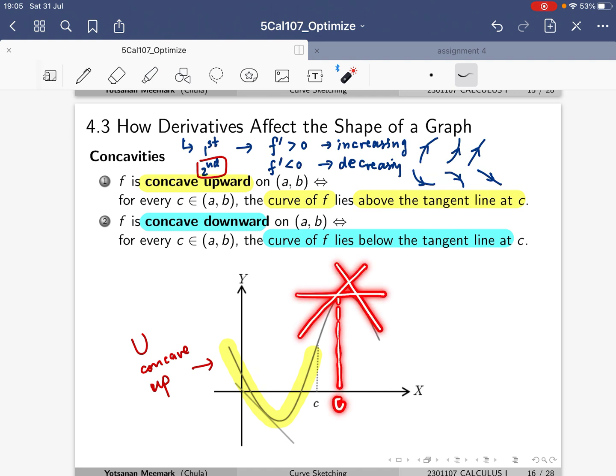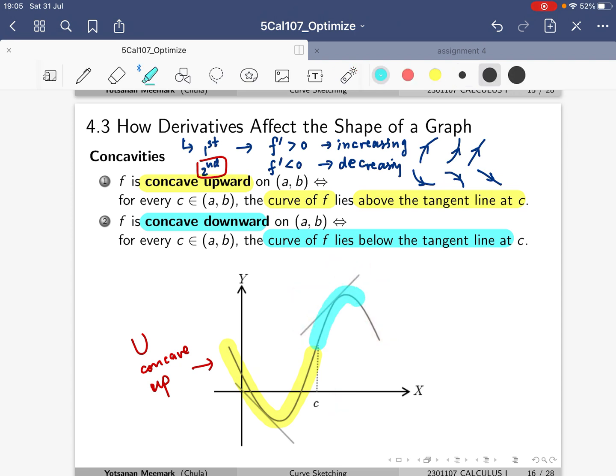All those tangent lines are above the curve y equals f. So on this interval, the concavity becomes concave downward, or sometimes we just say concave down. Concave down looks like a hill.